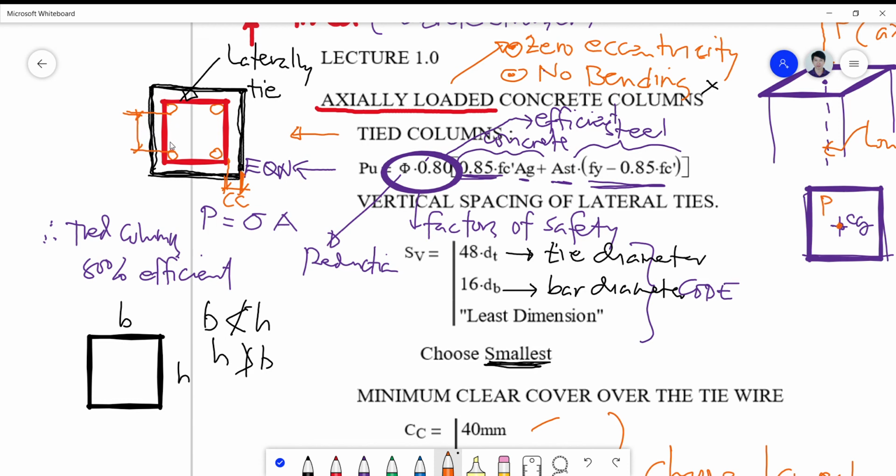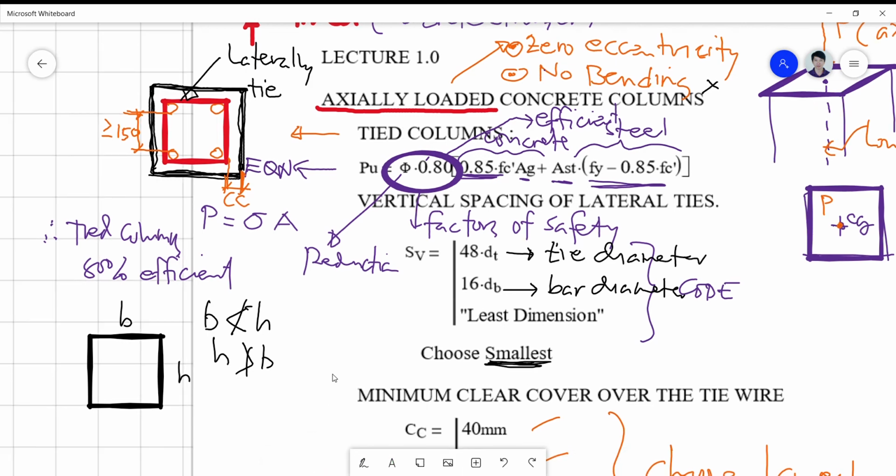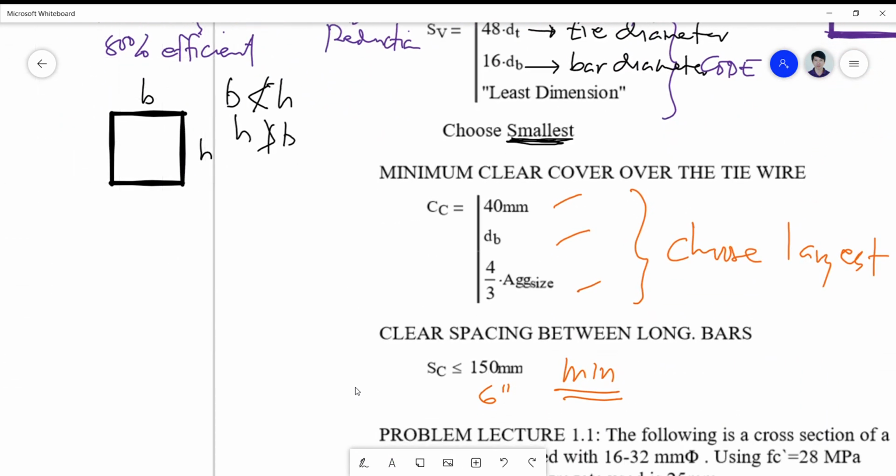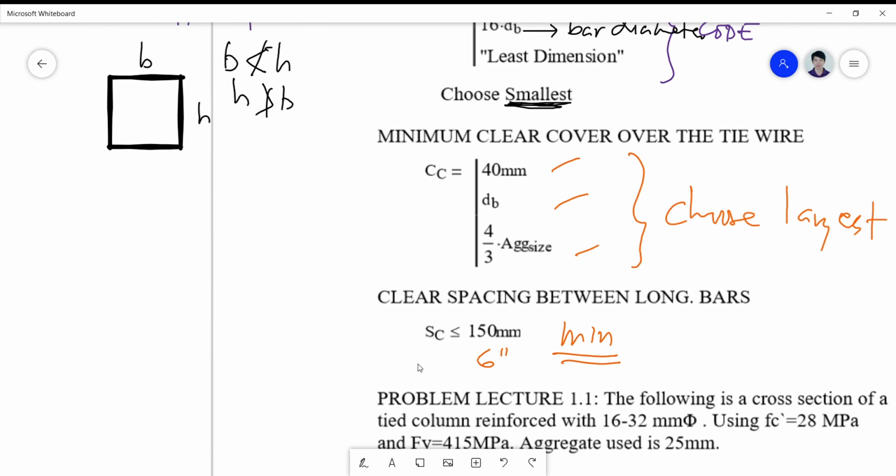Spacing of the vertical bars must not be less than, or must be greater or equal to 150. Okay, so that's your spacing, SC.